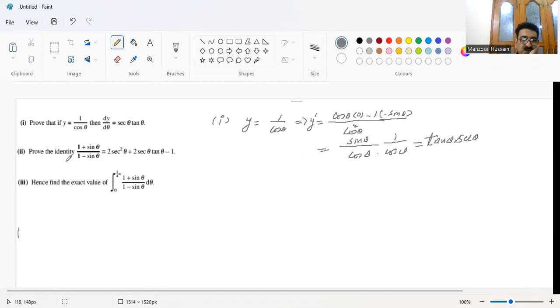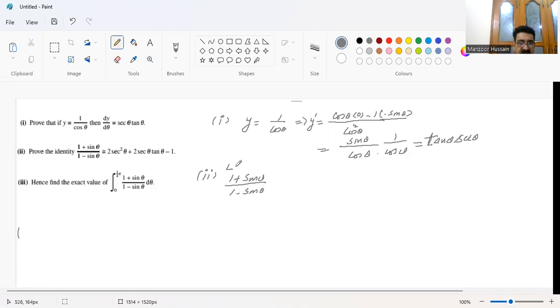Now you have to prove the second part of this question. What is the second part? Prove that this is equal to this. Here you have 1 plus sine divided by 1 minus sine.